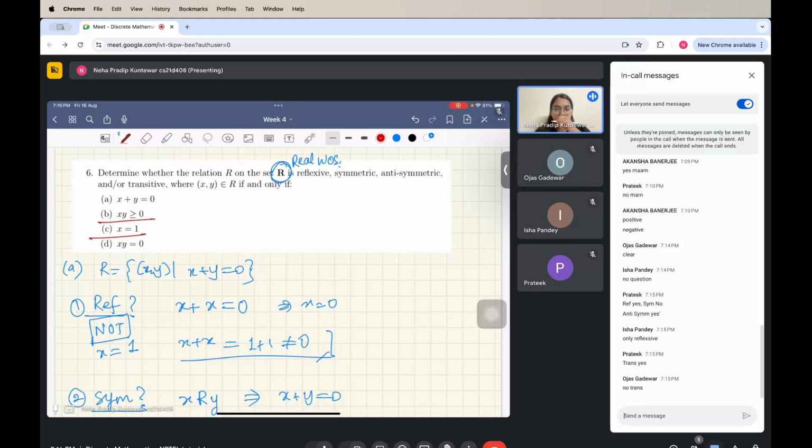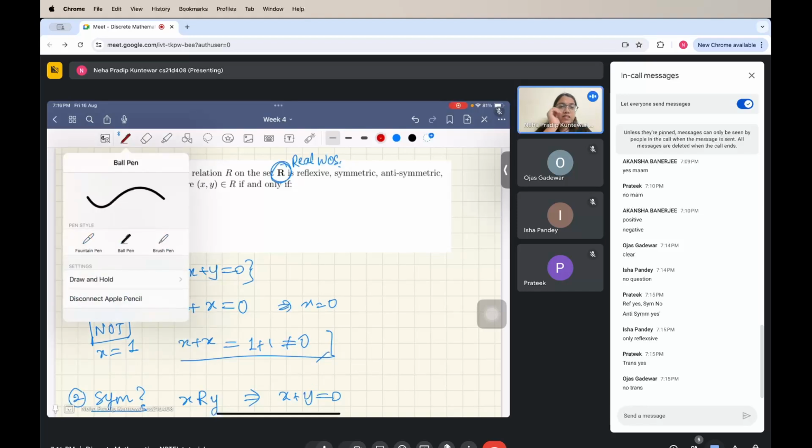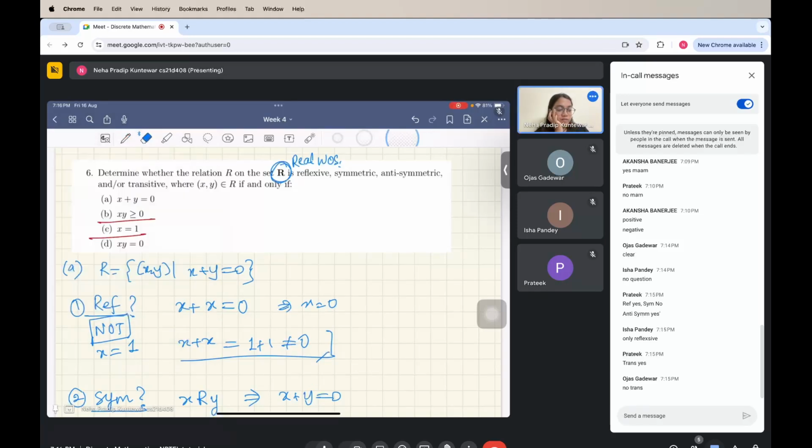Okay. So it is possible that a relation is neither symmetric nor antisymmetric. So let me give a simple example of that.